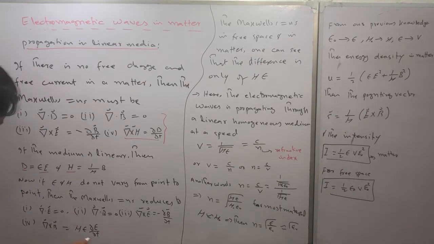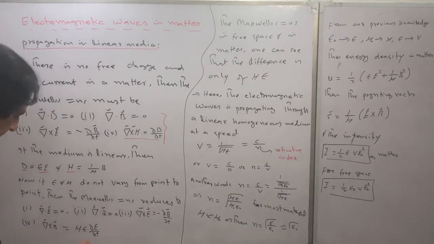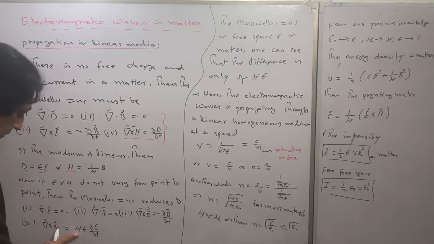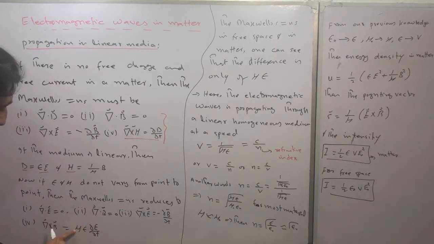These four equations are the same as the Maxwell equations for free space, where we have mu naught and epsilon naught, but here we have mu and epsilon for the material we are considering.